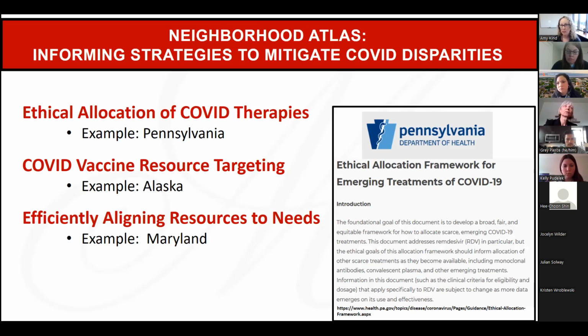Additionally, there's been a number of geoparameters used in targeting COVID vaccine resources. ADI has been used in a number of states. Alaska is one example. And we've been working with Maryland for over a decade in their efficient alignment of resources to needs across their health system.